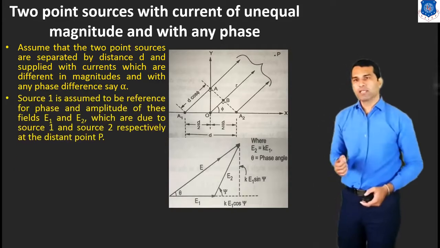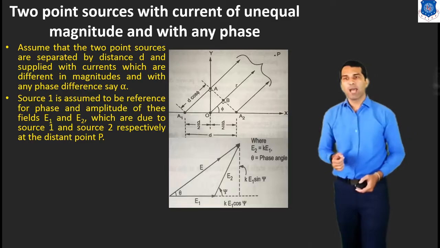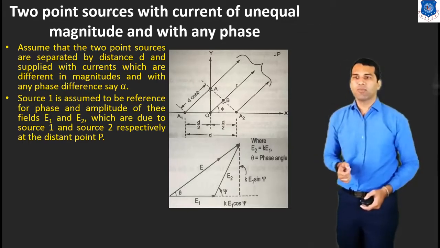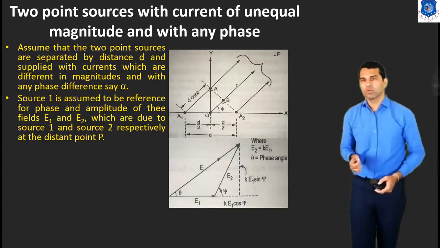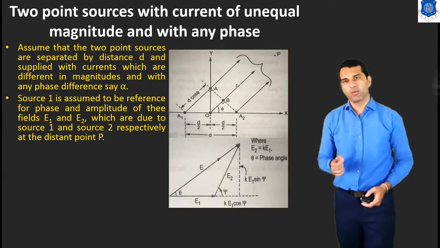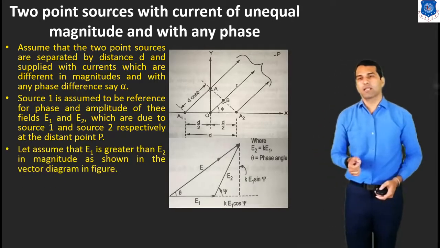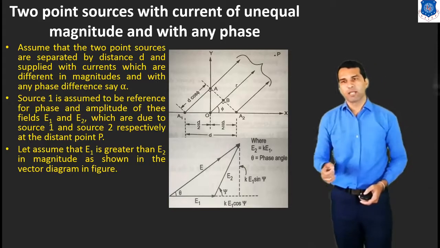The source 1 is assumed to be the reference for phase, and the amplitudes of the fields E1 and E2 are due to source 1 and source 2 respectively at the distant point P. Let us assume that E1 is greater than E2 in magnitude, as shown in the figure, vector diagram.